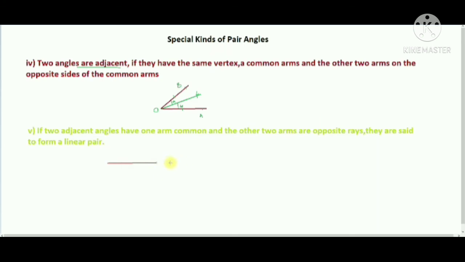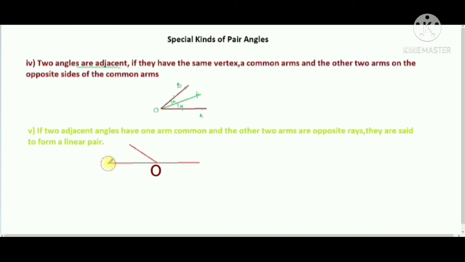From there another ray will be drawn in the opposite direction. This point O is the common point of these two rays. Okay, so from there another ray will be drawn, and this is the common ray of these two rays.